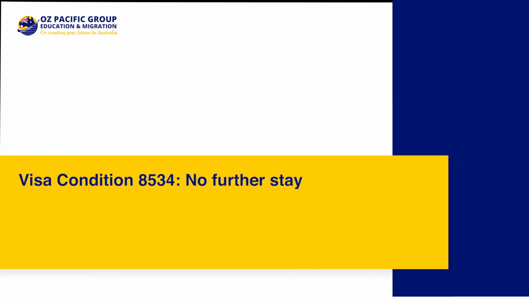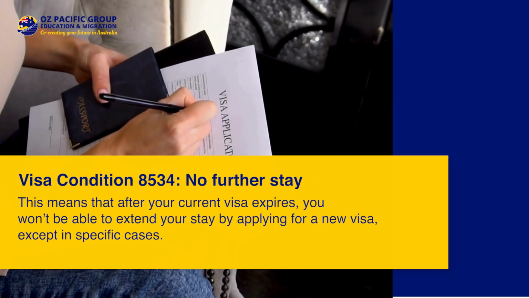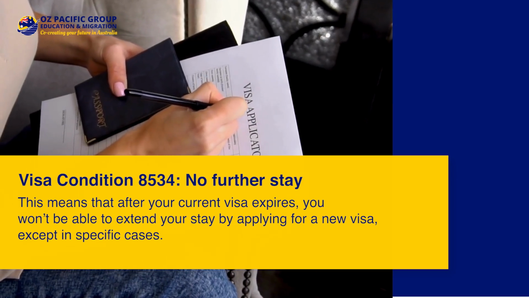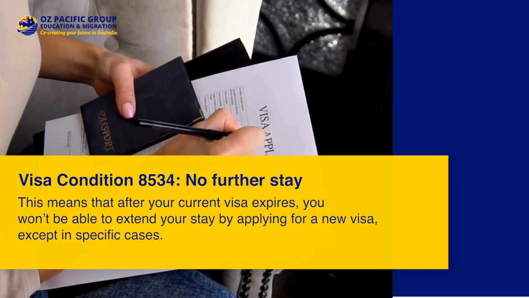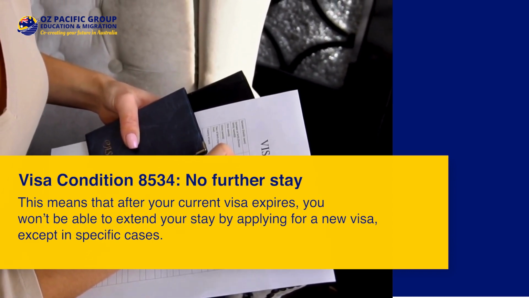7. Visa Condition 8534. No further stay. Under this condition, you are restricted from applying for most other visas while you're in Australia. This means that after your current visa expires, you won't be able to extend your stay by applying for a new visa, except in specific cases.